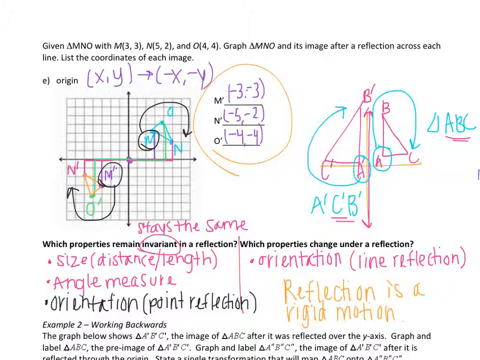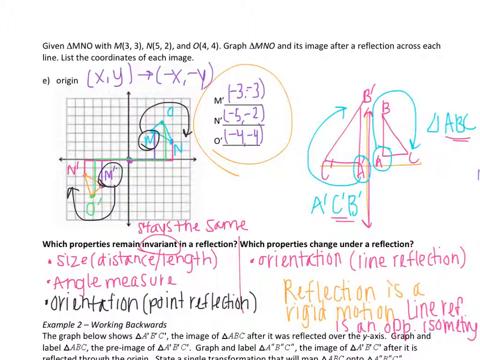Now, because a line reflection does not preserve orientation, a line reflection is an opposite isometry. So again, because it did not preserve orientation, it's an opposite isometry. And isometry is just another word for rigid motion, preserves distance.